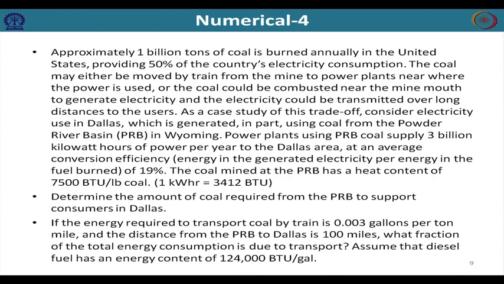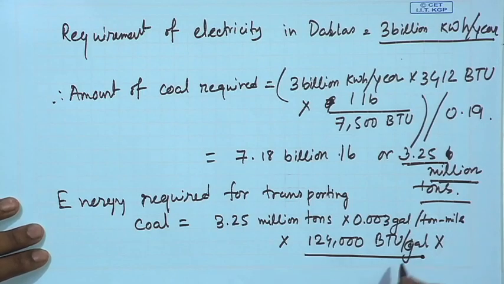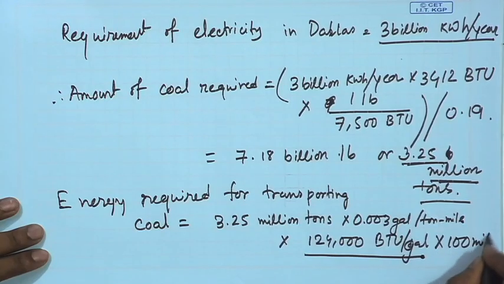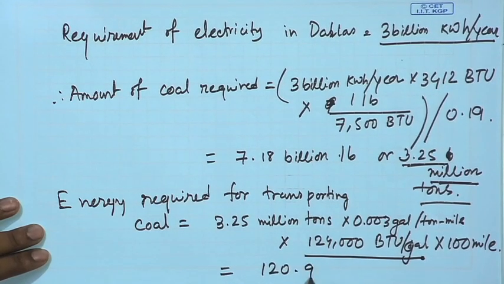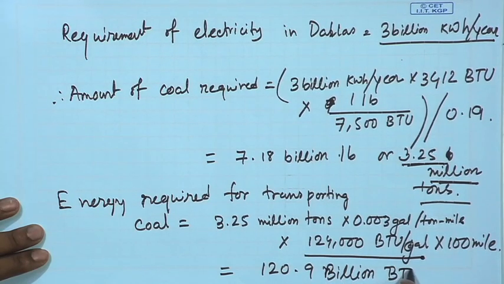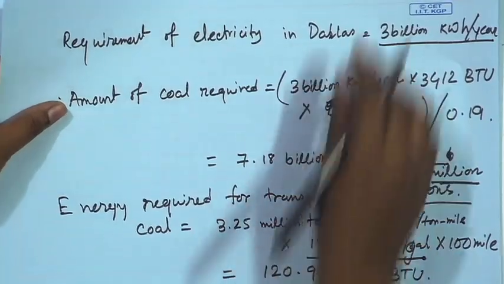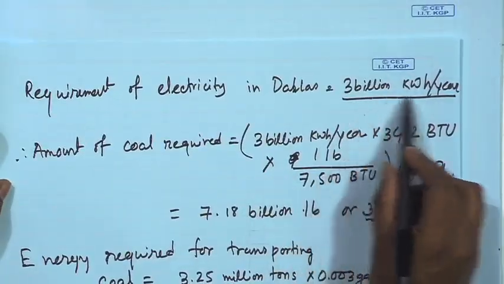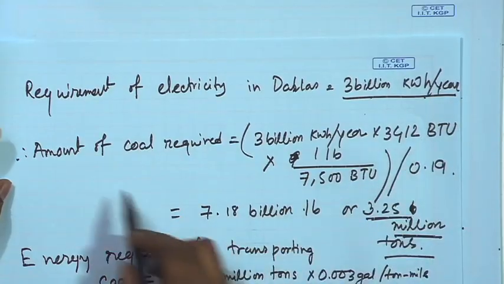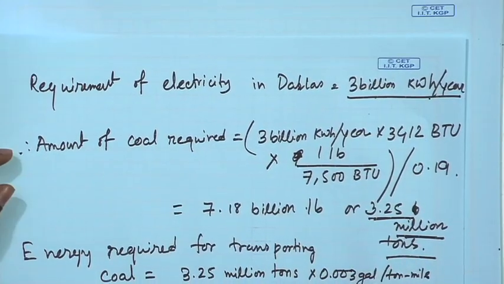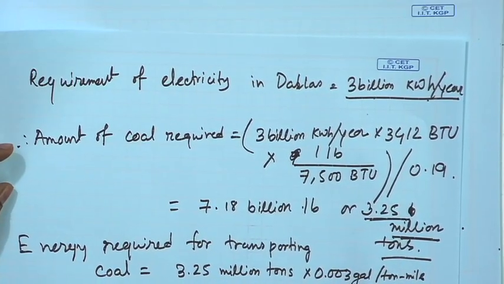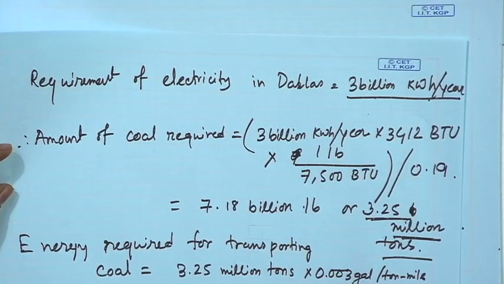Multiplied by our miles, if you calculate this, you will get 120.9 billion BTU. The requirement of electricity is 3 billion kilowatt hour per year. The amount of coal required we have calculated, and the energy required for transporting the coal is 120.9 billion BTU.